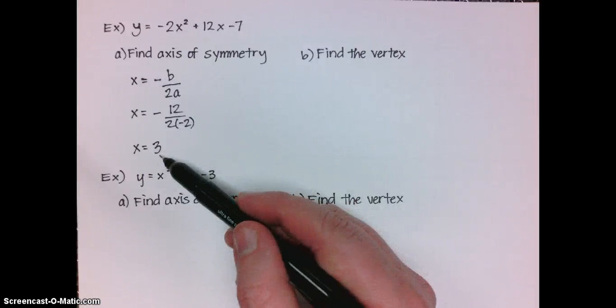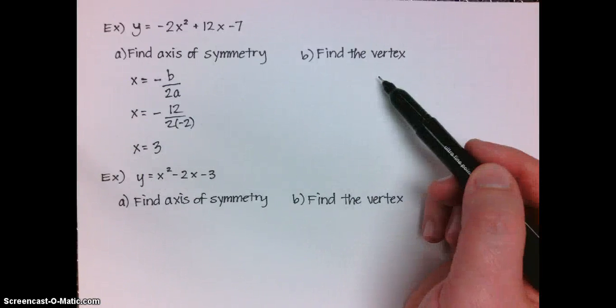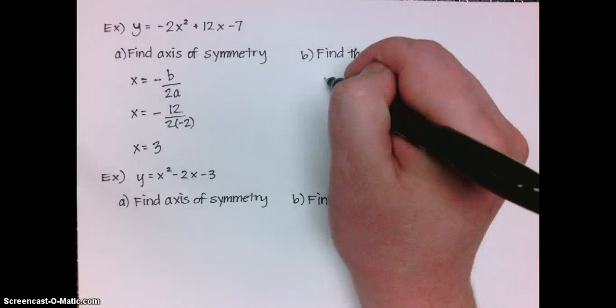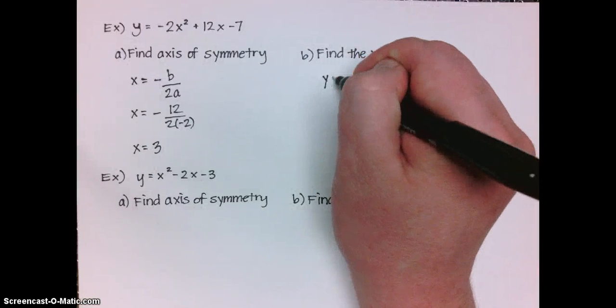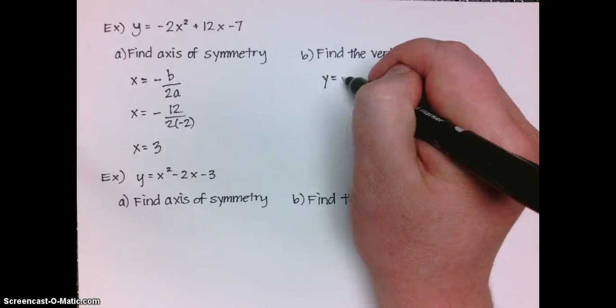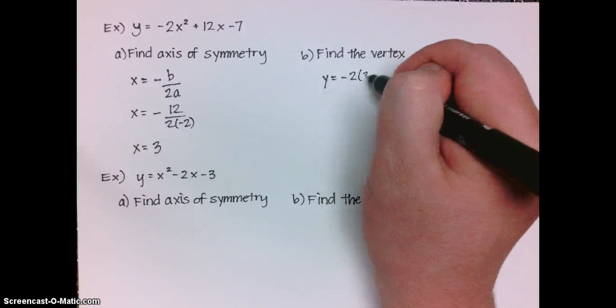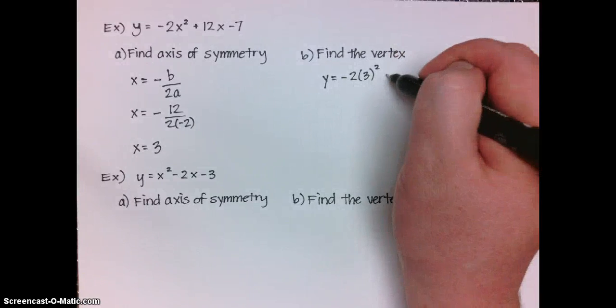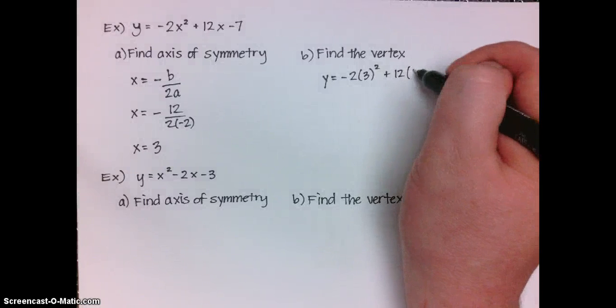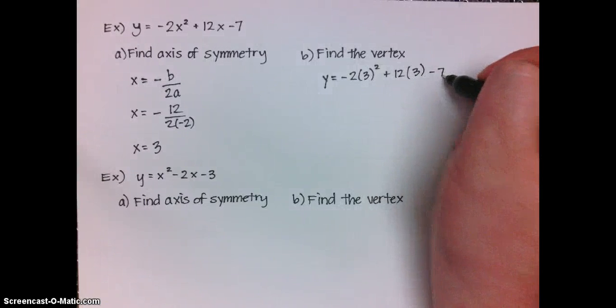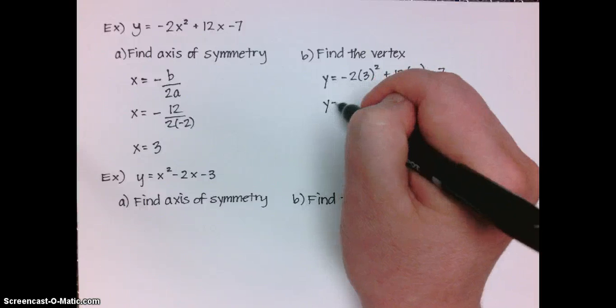I can use this to help me find the vertex by plugging in x equal to 3 to find the y. So I'm going to plug that in: negative 2 times 3 squared plus 12 times 3 minus 7. Okay, let's rewrite this.